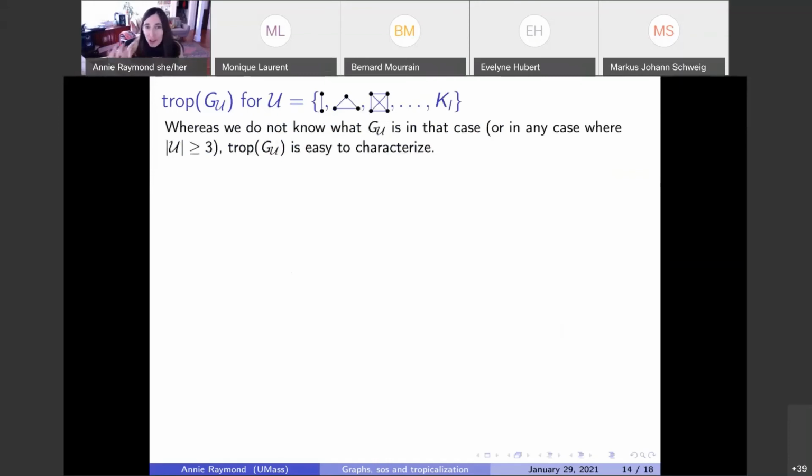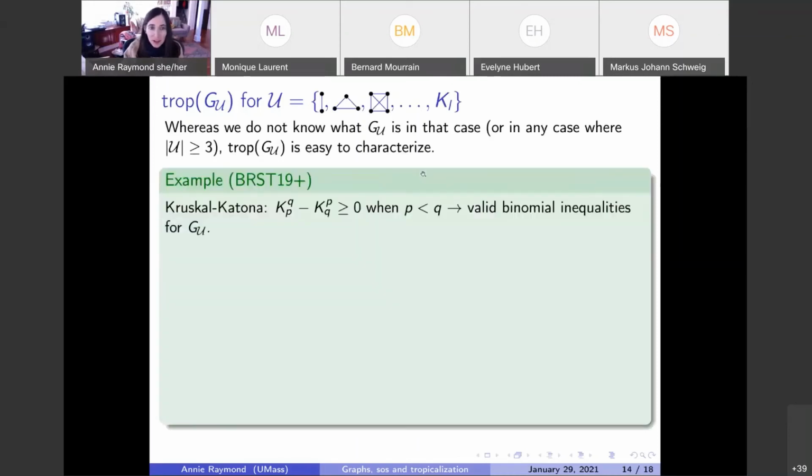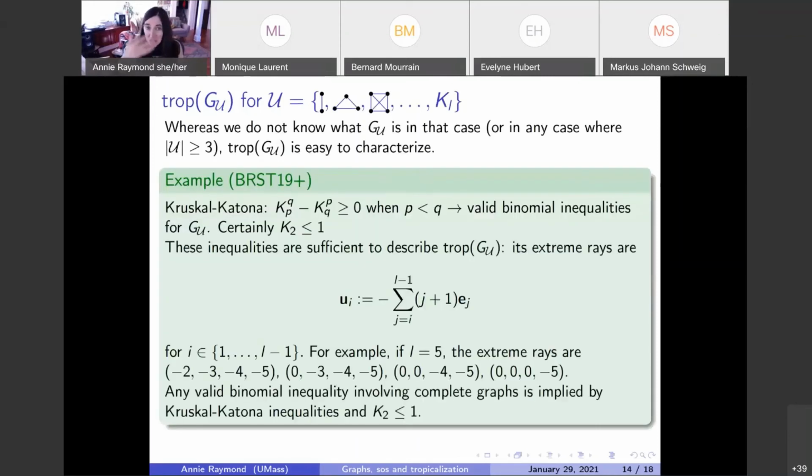So we are able to describe the tropicalization for a graph profile of any number of complete graphs. It's very simple. I won't go through the details. Whereas in the case of graph profiles, we only have a few descriptions of a few profiles for 2 graphs, never for 3 graphs.